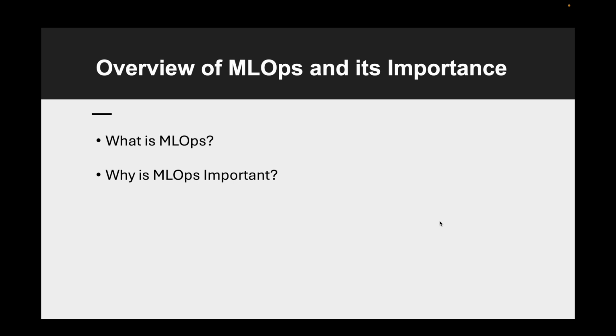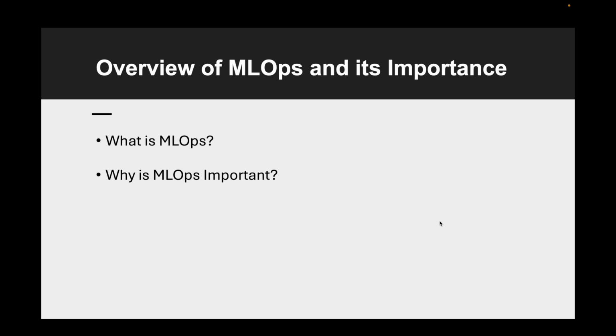Scalability. MLOps enables ML models to be scaled efficiently across different environments like local, cloud, or edge. Reproducibility ensures that models and data pipelines can be reproduced exactly as developed. Automation. It automates repetitive tasks like retraining, testing, deployment, and monitoring.